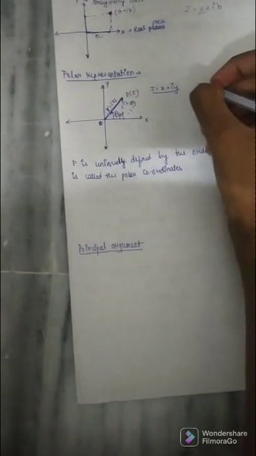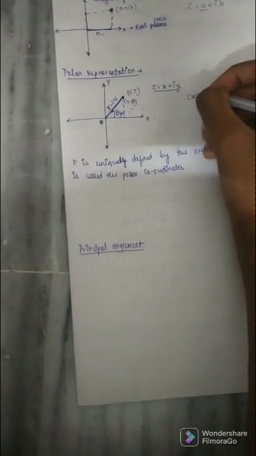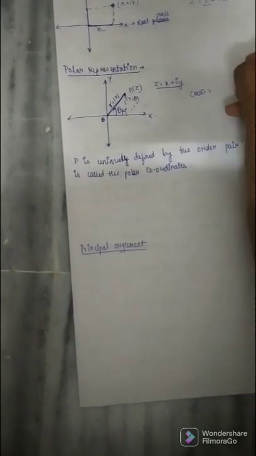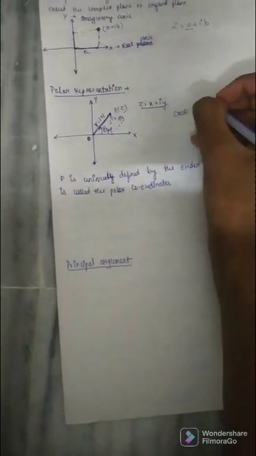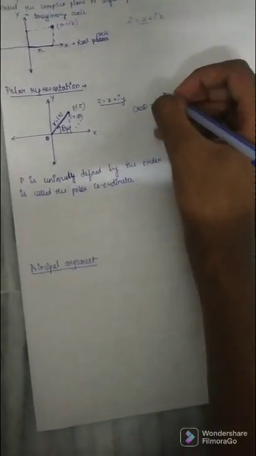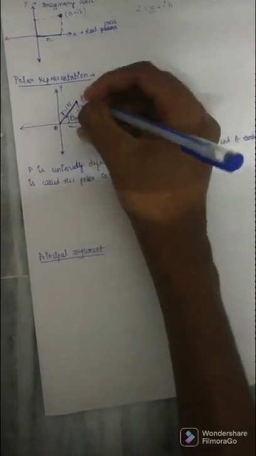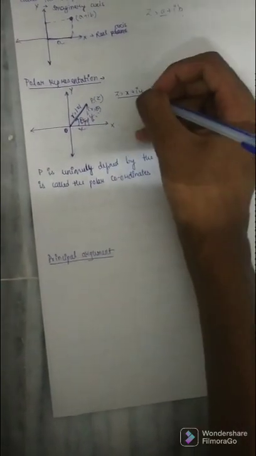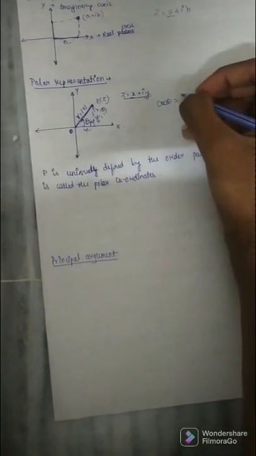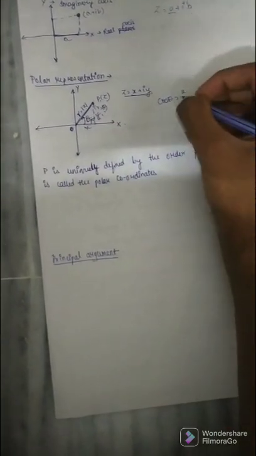So we can say that cos theta is equal to base, which is x, and this distance is y, as the imaginary part is y and the real part is x. So cos theta is equal to base, which is x, by hypotenuse, which is r.